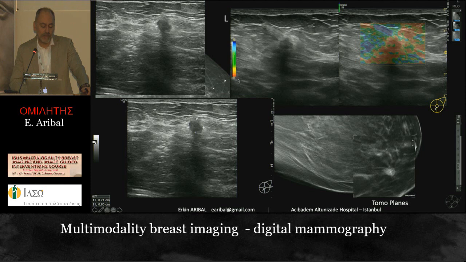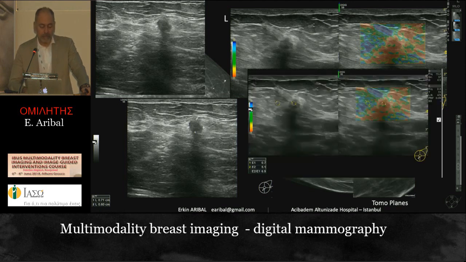You see this is the stiff one, and this is the soft one. And as was mentioned this morning, you can also calculate the stiffness ratio.